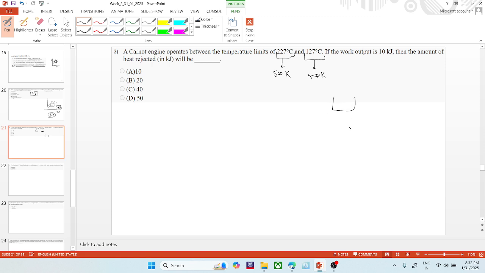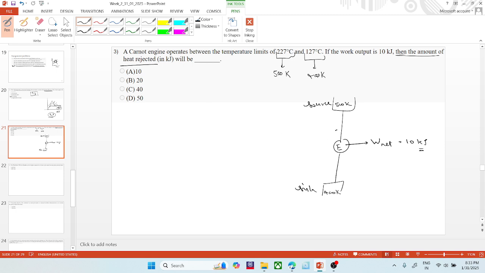So my source is at 500 Kelvin and the sink is at 400 Kelvin, and the engine work output is 10 kilojoules.